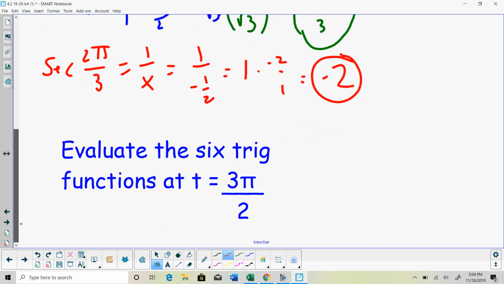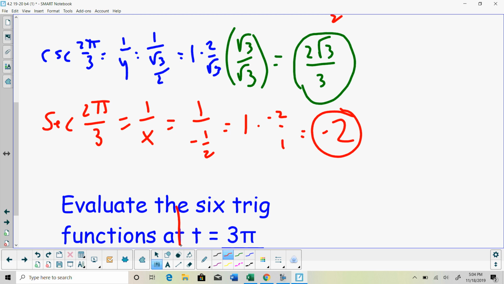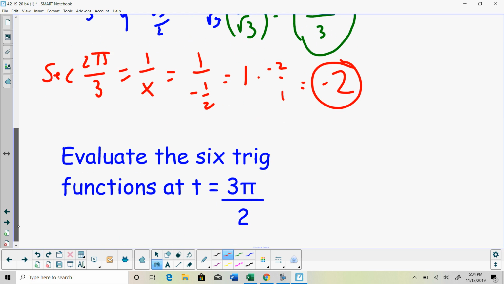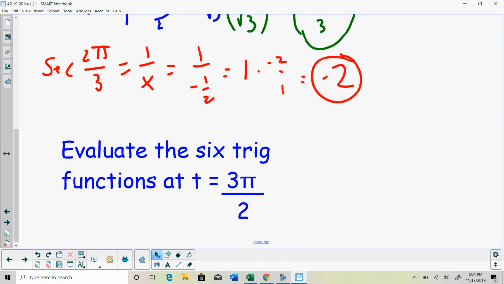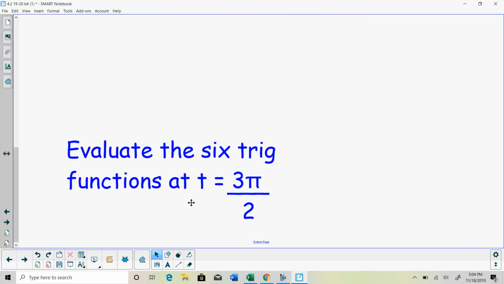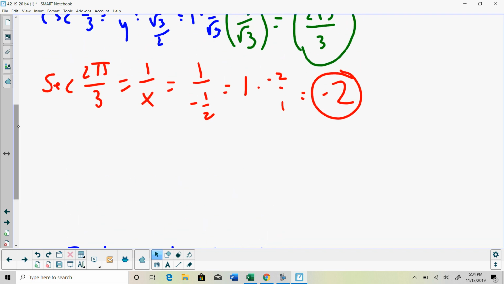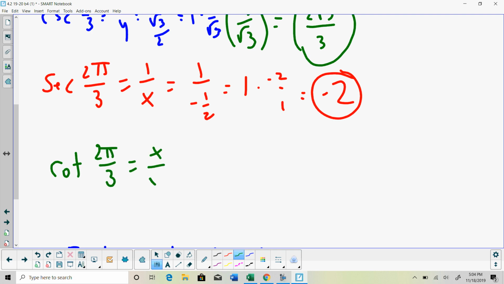And the last one that I want to look at here, I'm going to slide this down a little bit more, is the cotangent. So if I'm trying to find the cotangent of 2 pi over 3, remember cotangent is the x over the y, and so that would be negative 1/2 divided by square root of 3 over 2, and that's the same as negative 1/2 times 2 over square root of 3.